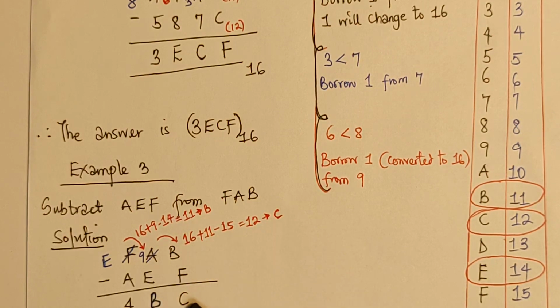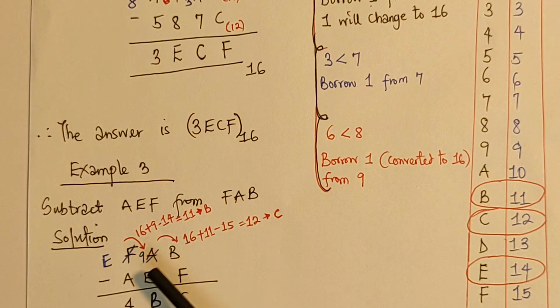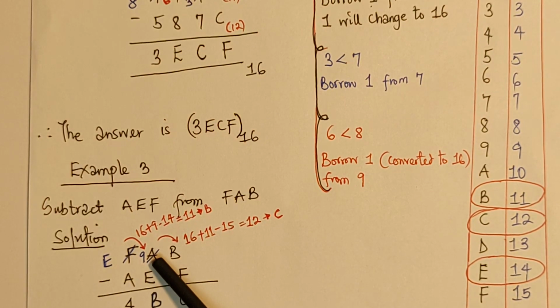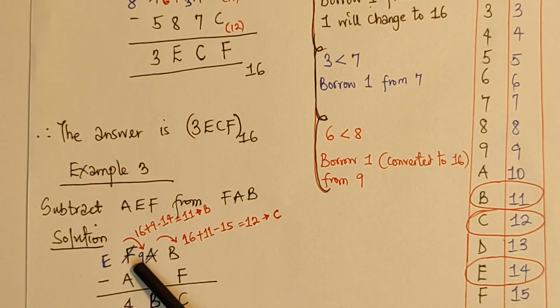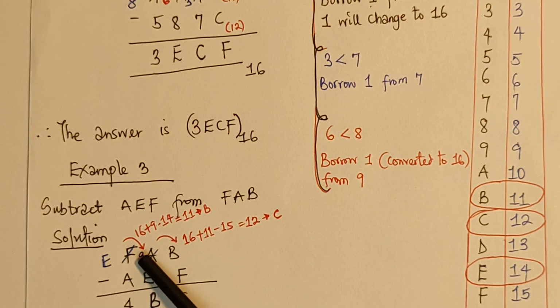12 is represented as C. Since we borrowed 1 from here previously, which was 10, 10 minus 1 will be 9. So this new value we want to calculate with will be 9. So 9 minus E, which is 14, is not possible.